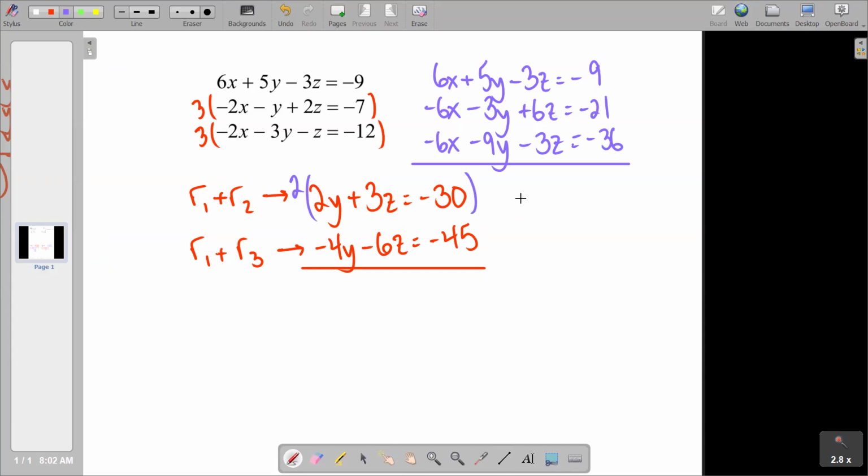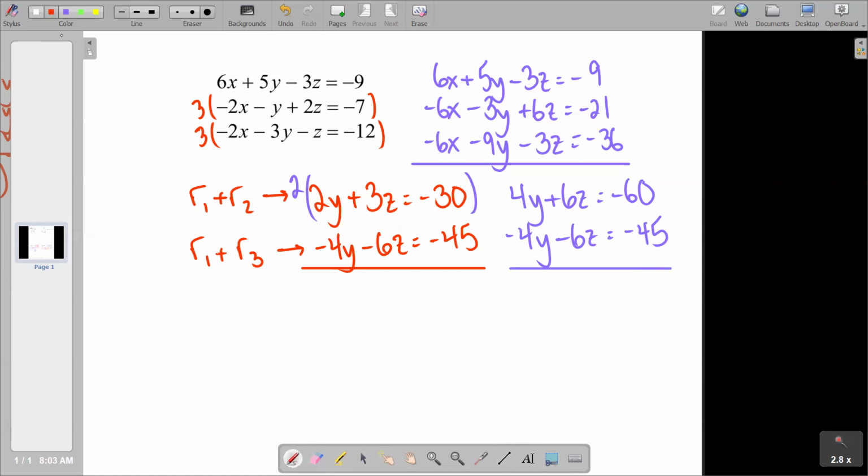So we get 4 of those y's plus 6 of those z's equals negative 60. And then the bottom equation, we didn't have to mess with it. And can you see the conclusion that we're going to draw here in a moment? What's it going to be? Right.